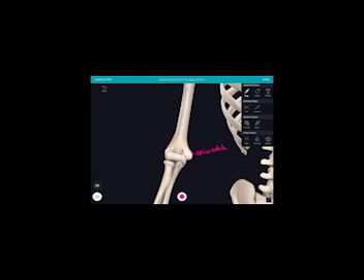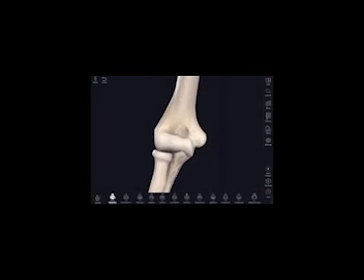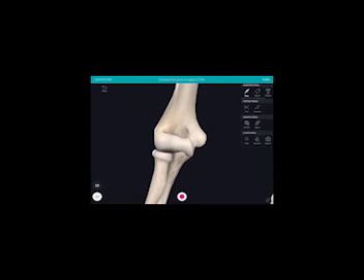Anteriorly, we have two fossae and two articular surfaces. Let's take a look at that. First, I want to zoom in just a bit. You can see there's one fossa, and then a second fossa.